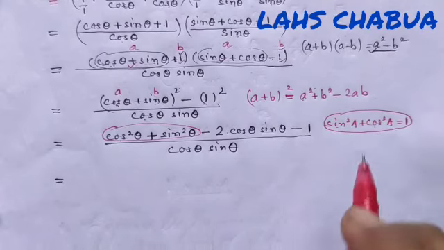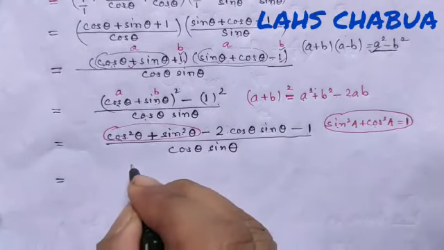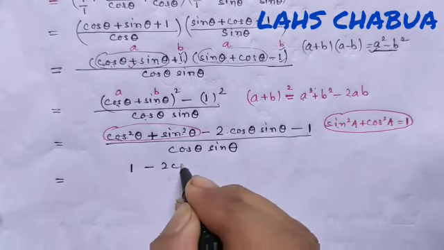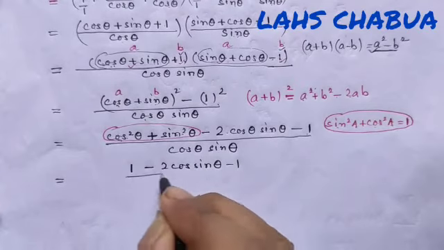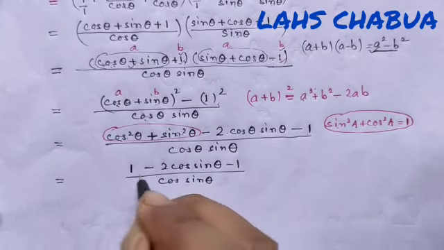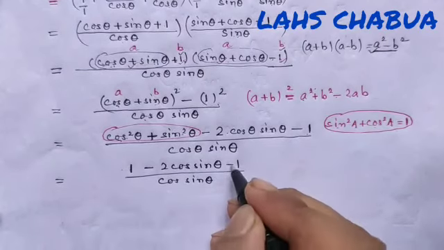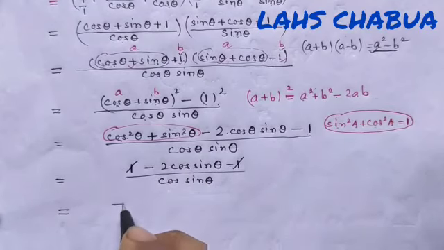This is the first identity of trigonometry. So in this place we can write 1 plus 2 cos theta sin theta minus 1 upon cos theta sin theta. Now see, it is plus 1 and it is minus 1. You can cancel these two.